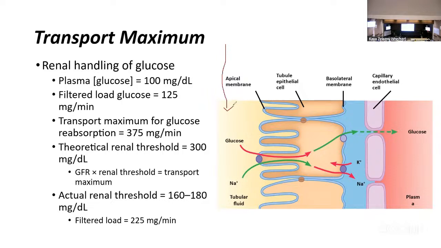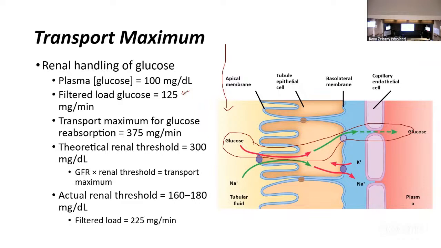Your transport maximum for glucose, the amount of glucose you can literally pull across, is 375 milligrams per minute. That's totally fine if your filtered load is 125. You can definitely handle that with a transport maximum of 375 milligrams per minute. You've got lots of extra room for your glucose level to go up.